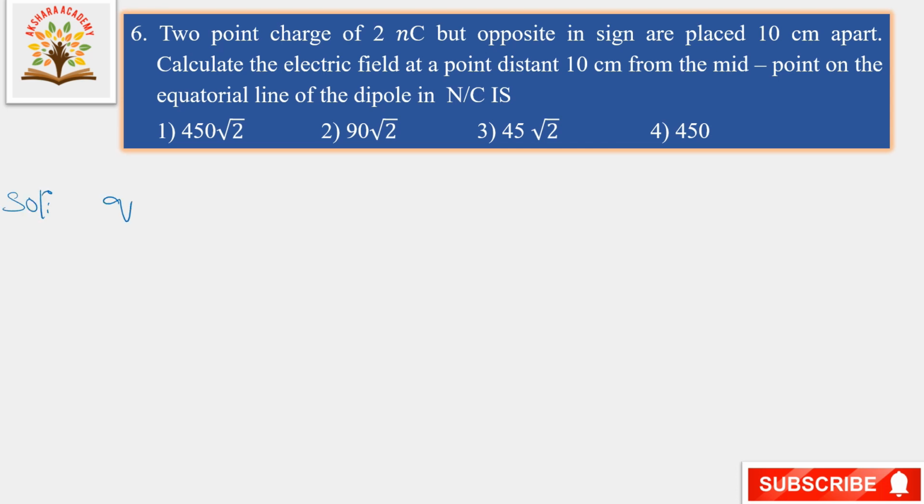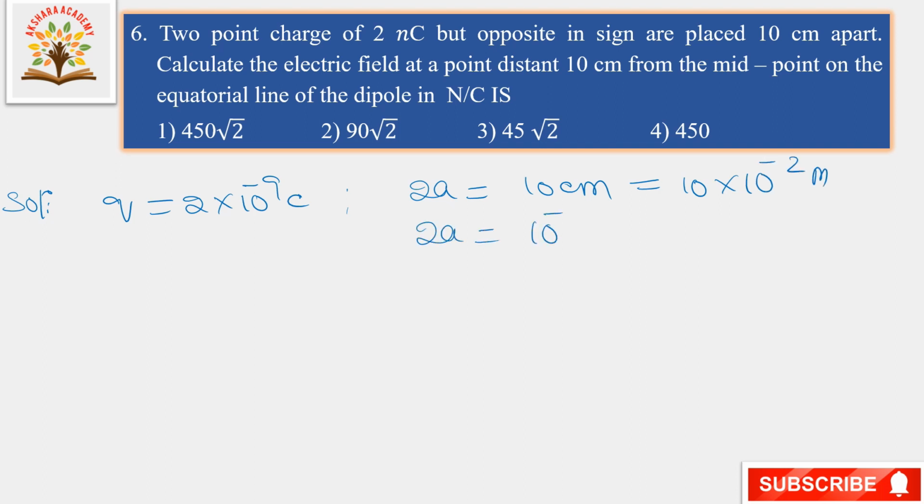Given q is equal to 2 into 10 to the power of minus 9 coulombs, and they have given the distance 2a is equal to 10 centimeter, that is equal to 10 into 10 to the power of minus 2 meters. So this is equal to 10 to the power of minus 1 meters. a is equal to 1 by 2 into 10 to the power of minus 1 meters, or 0.5 into 10 to the power of minus 1 meters.